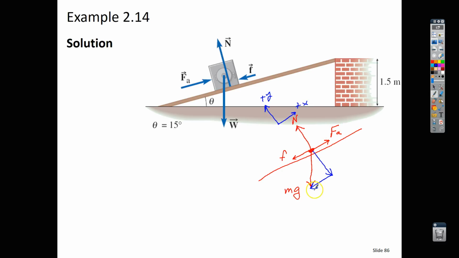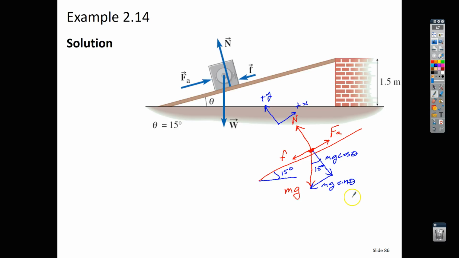I'm trying to push it up the ramp. We know that our angle here is going to be 15 degrees, and so that makes this angle also 15 degrees. So this side of the triangle is going to be mg times the cosine of the angle, and this side's going to be mg times the sine of the angle.